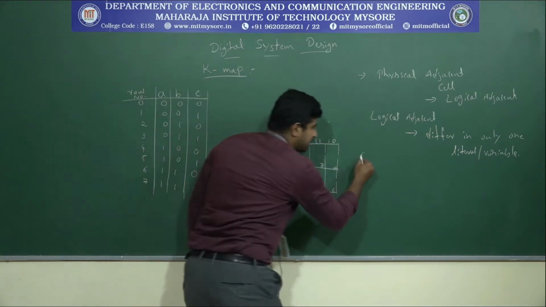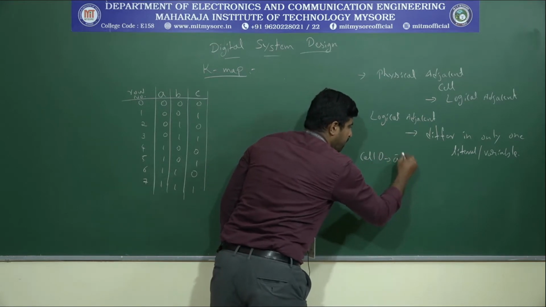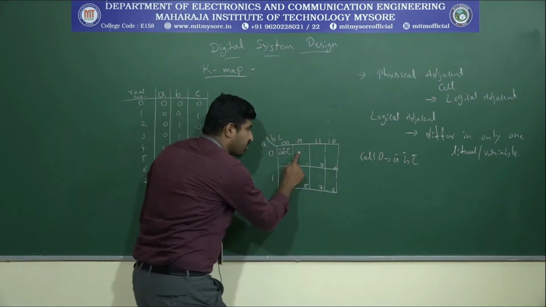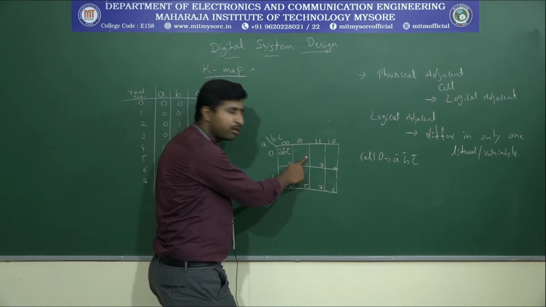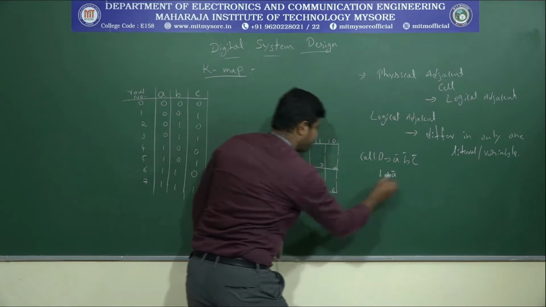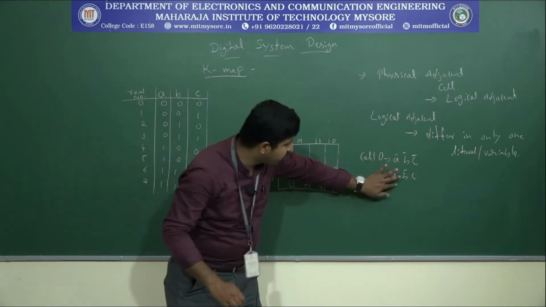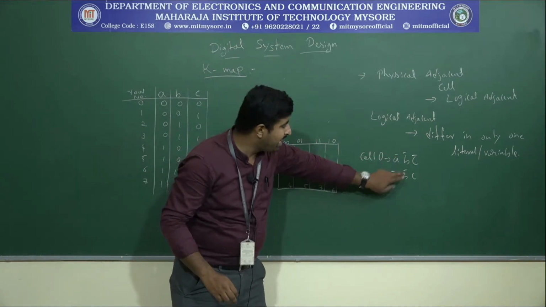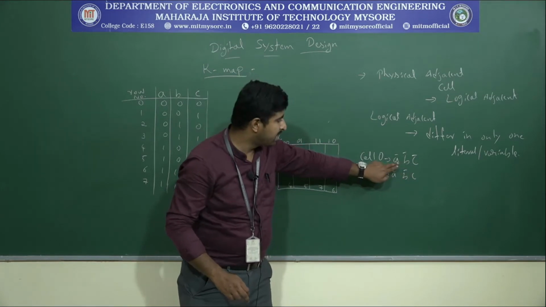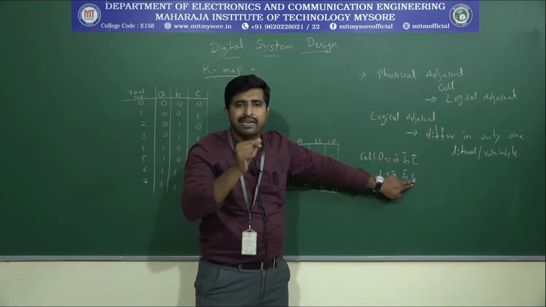Next, for cell 1, it is A bar, B bar, C. If you see these two minterms, only one literal or variable is different: there A bar, B bar, C bar, here A bar, B bar, C. Only one variable has a transition.